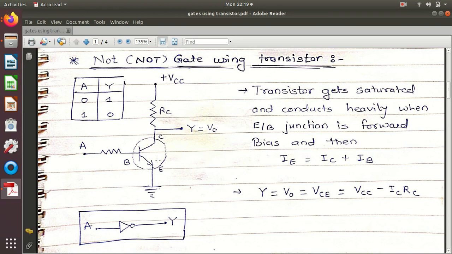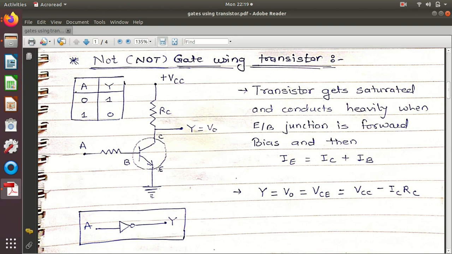This is the construction of NOT gate by using a transistor. This is the NPN transistor once again, and the input is connected to the base terminal. Now, we know that a transistor could conduct the current only when its emitter base junction is forward biased.